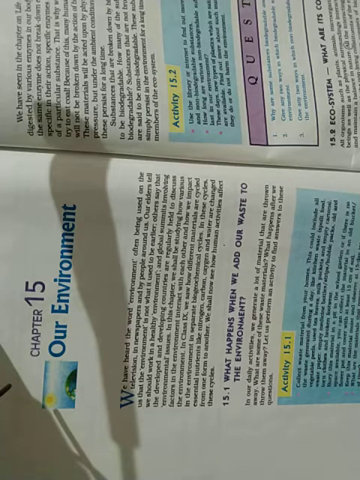Now, waste material which cannot be broken down into non-poisonous or harmless substances in nature is called non-biodegradable waste. Examples of non-biodegradable waste are DDT, that is dichloro diphenyl trichloroethane, plastic, polythene bags, ball point pen refills, synthetic fibers, glass objects, metal articles like aluminum cans, iron nails, silver foils, and radioactive waste.